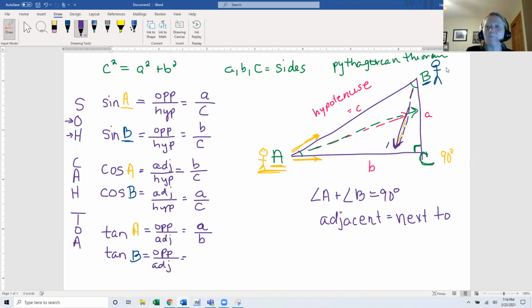So from B, opposite of B or across from B is little b, right? The adjacent from the perspective of angle B, the side next to B that is not the hypotenuse, is a.